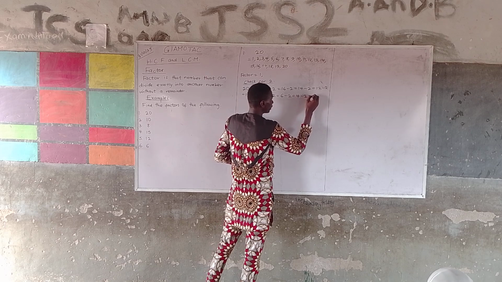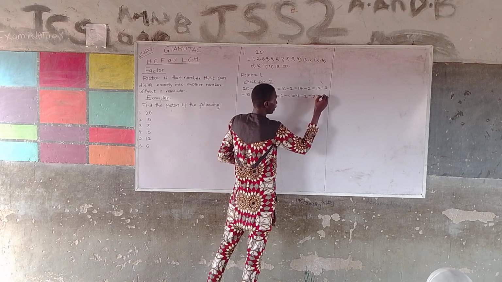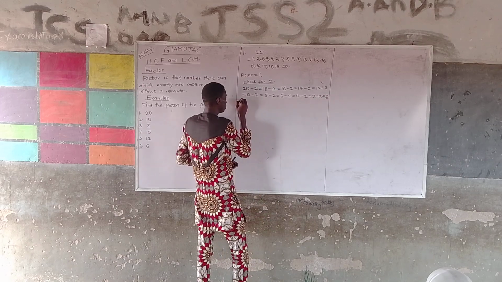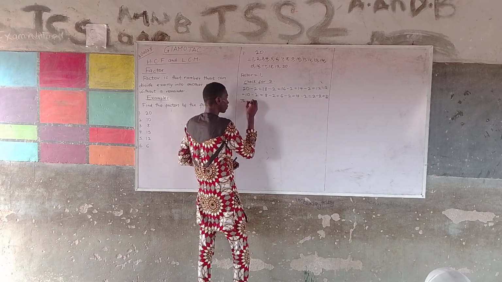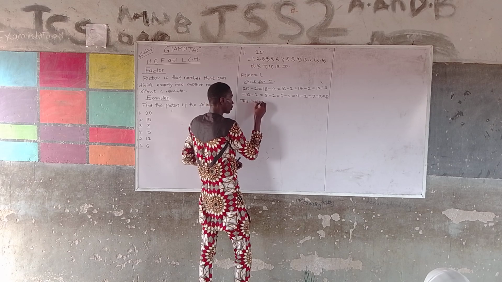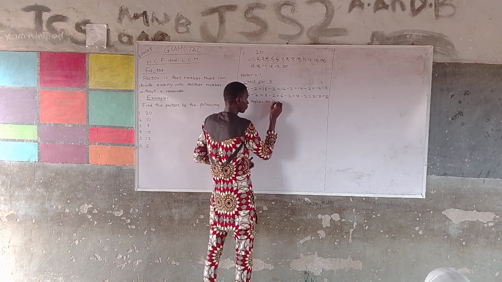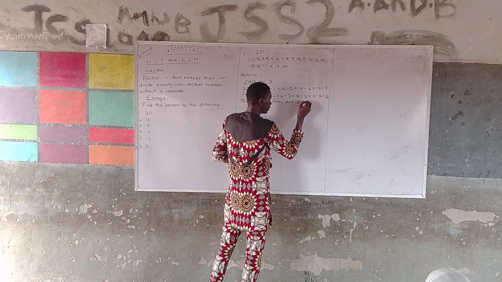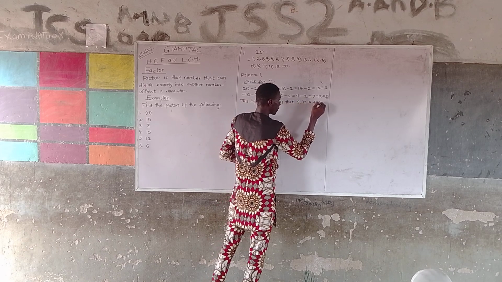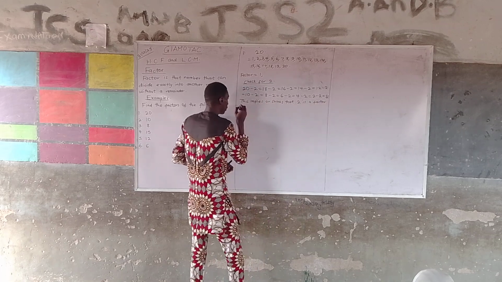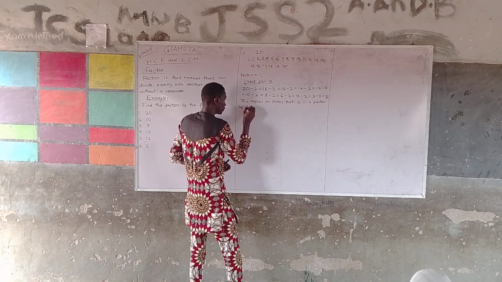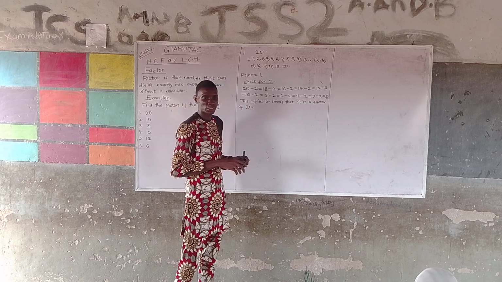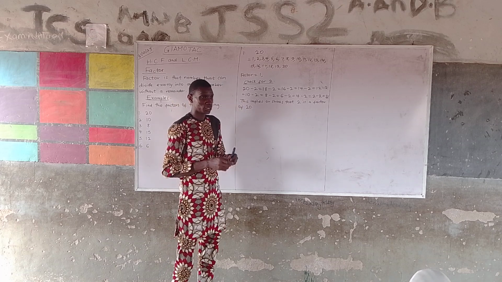Minus 2, that is 2. And lastly, minus 2, that gives us 0. This implies that 2 is a factor of 20. Since we can get 0, it shows that 2 is a factor of 20.